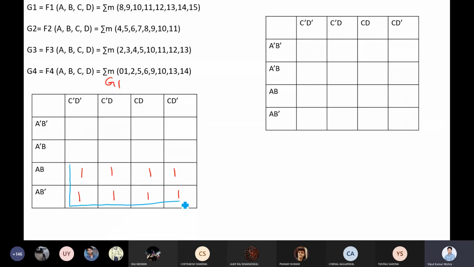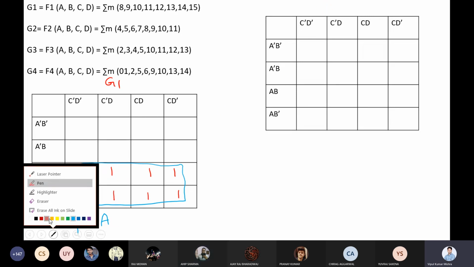So we just make an octet for this. And then what will be the function for G1? Yes, A, just A.